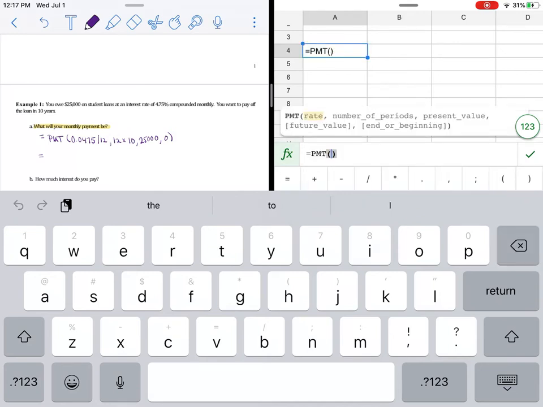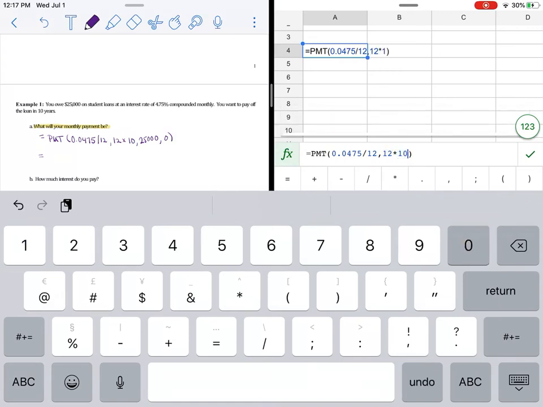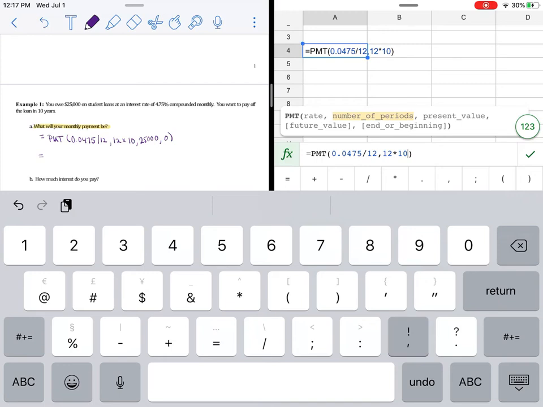Okay, so my rate is 0.0475 divided by 12, and then I'm going to do 12 times the 10 years. Then it's 25,000, and then remember we want to get it down to 0.